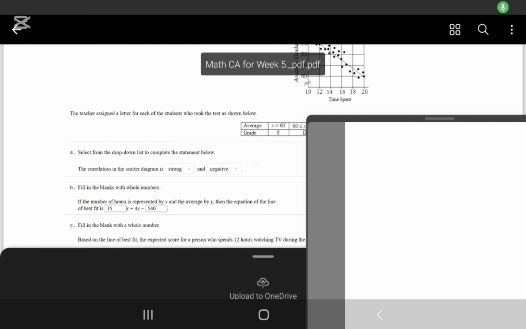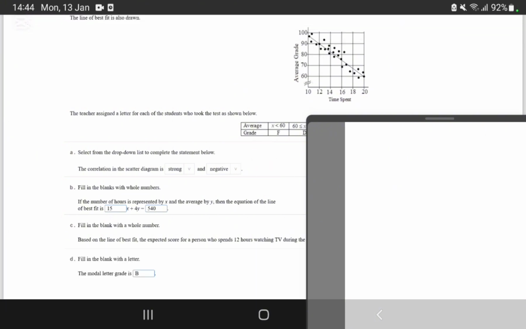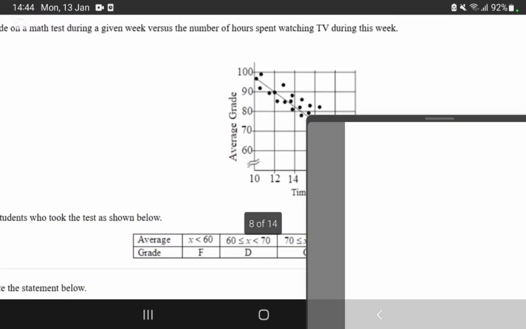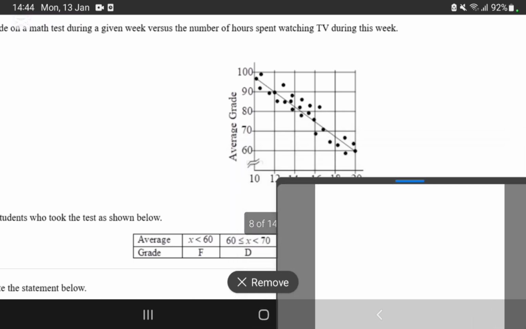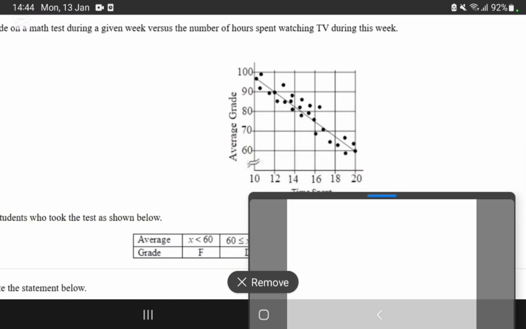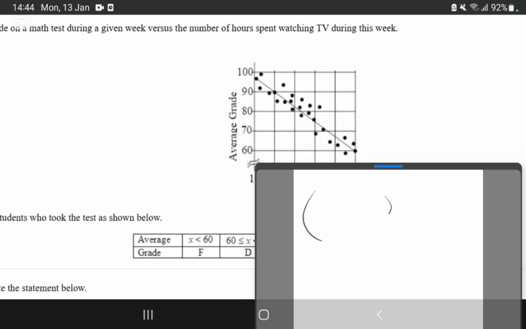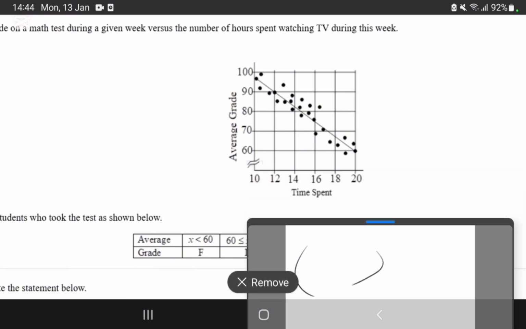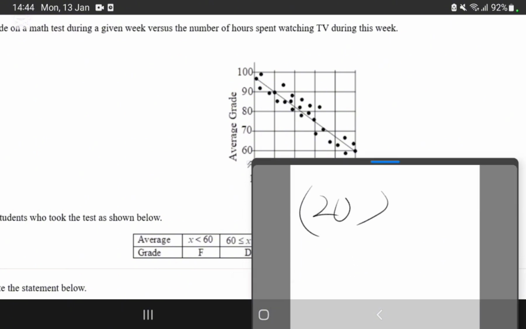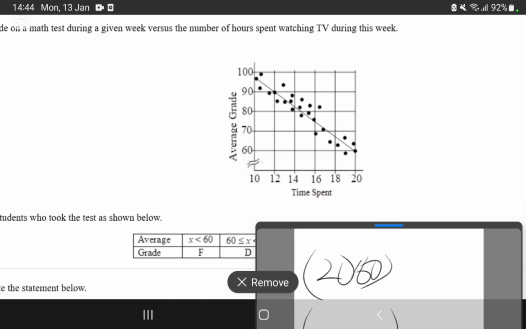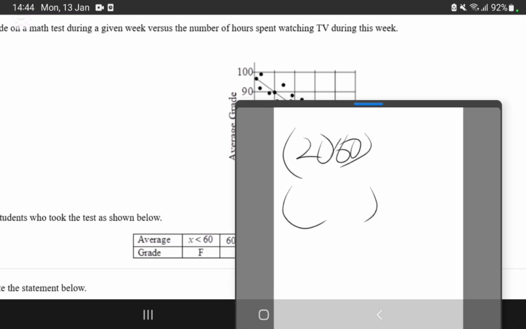For part B, we first have to find the slope. To find the slope we need 2 points. We have 20, 60 and 12, 90.